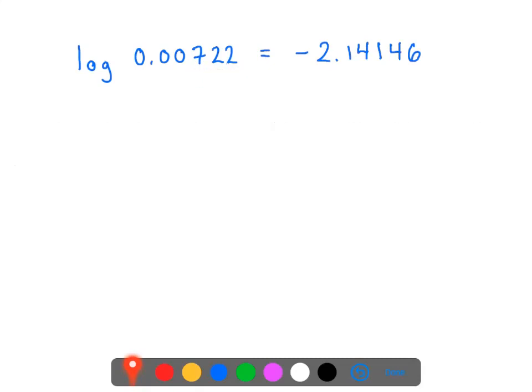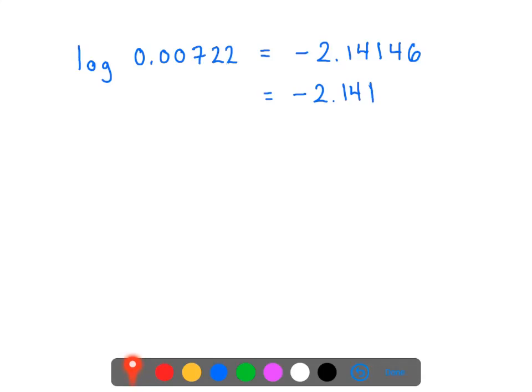So when we take the logarithm of this value, we should express our resulting number as containing 3 sig figs to the right of the decimal place. And so our final result would be minus 2.141, which expresses those 3 decimal places, or 3 sig figs to the right of the decimal. And so that would be the resulting value for this logarithm.